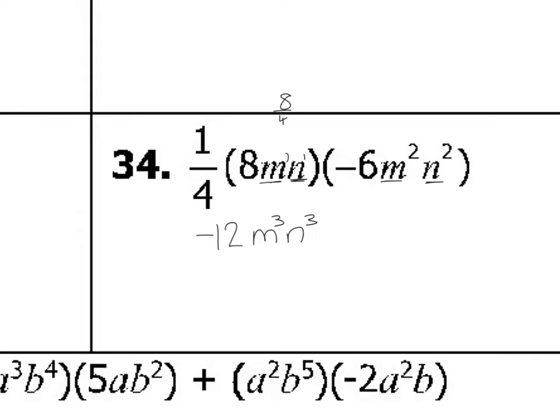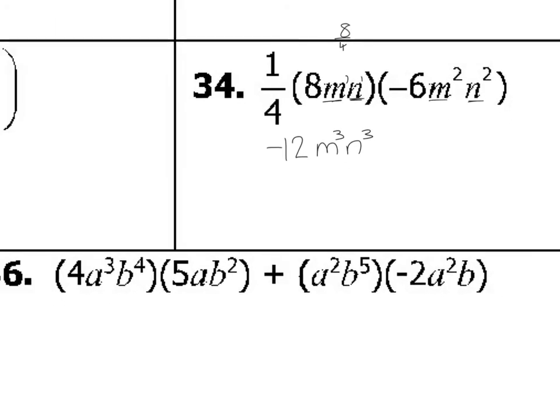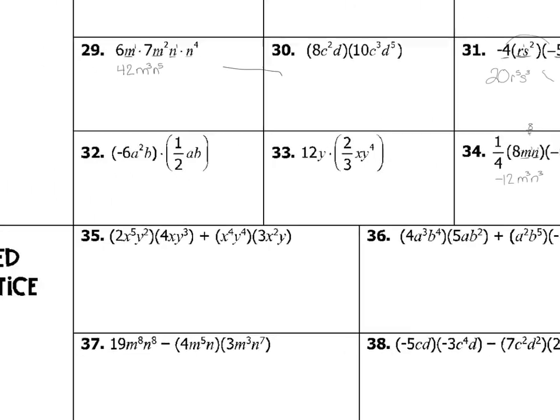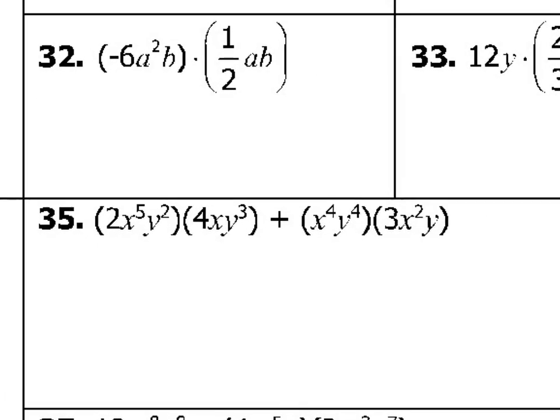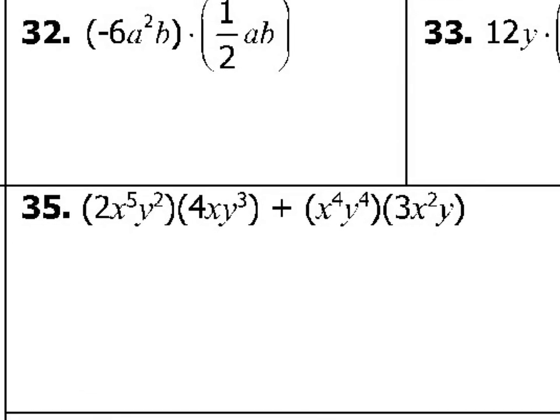All right, let's look down here at 35. Okay, so they're right next to each other, so that means they're multiplying, and then they're adding. So remember, order of operations, we multiply before we add. So let's multiply these first. 2 times 4 is 8, and my x's, I'm going to go ahead and write these invisible ones so I won't forget them.